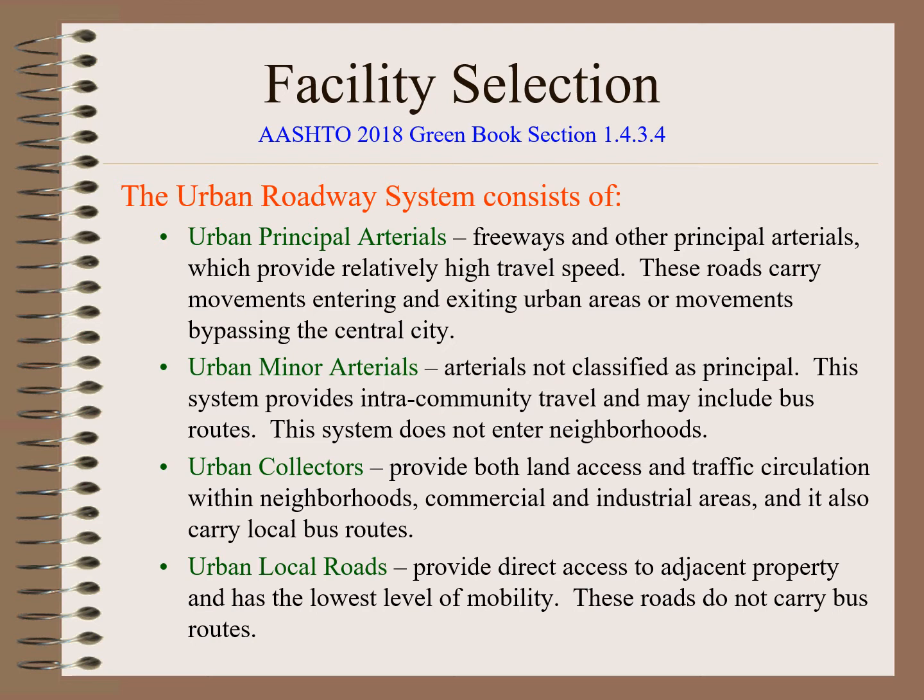So you think about coming into the city from a principal arterial and you enter a minor arterial that then connects you to those urban collectors. The urban collectors then connect you to the local roads, which provide the direct access to adjacent property and have the lowest level of mobility. So these are the roads that may not necessarily carry bus routes.